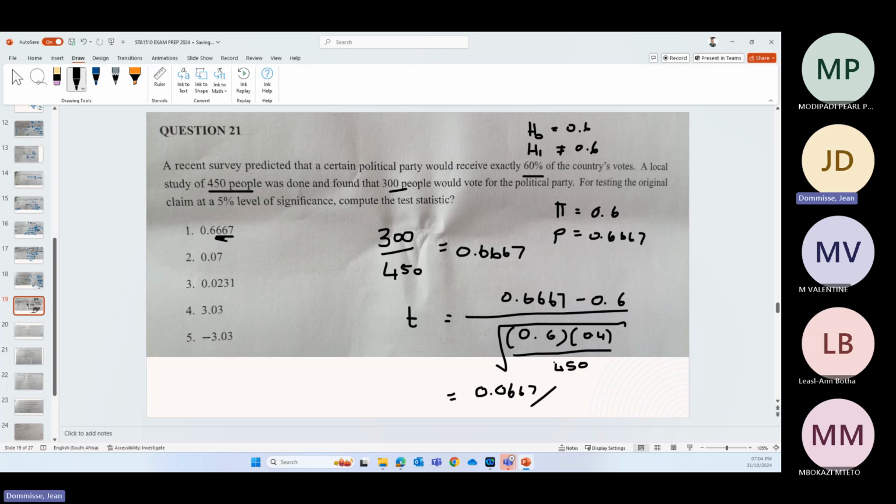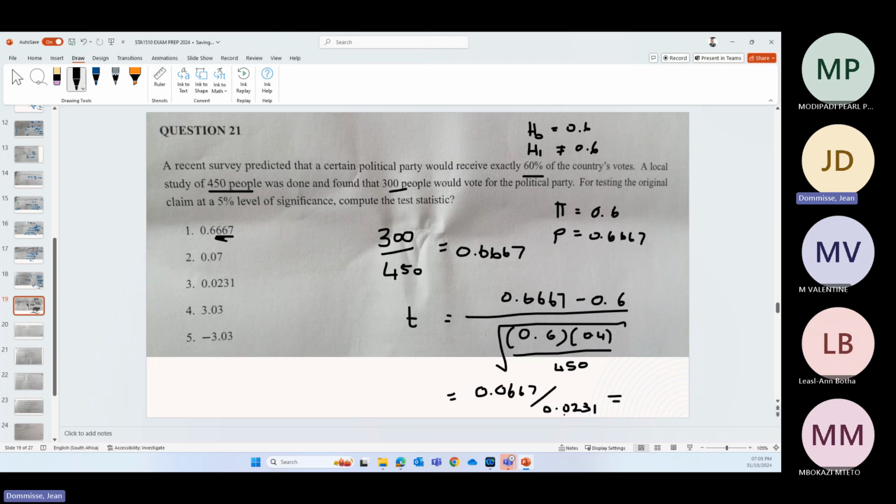And then let's work out that standard error. 0.6 times 0.4 divided by 450. The root of that is, I get 0.0231.